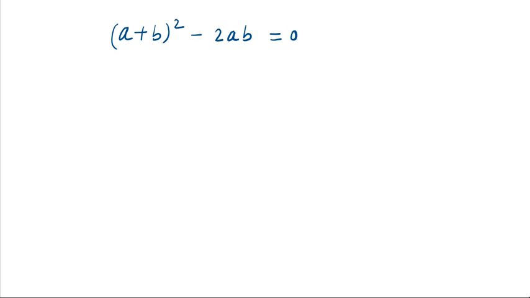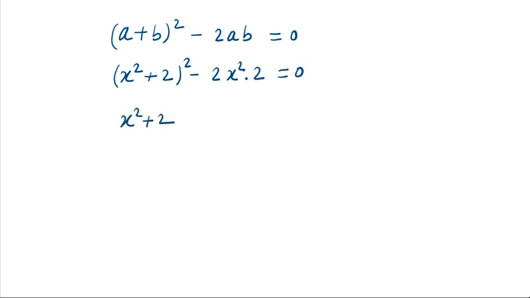And we know that the value of a is x square and the value of b is 2. Replace a by x square plus, and replace b by 2 whole square minus 2 times x square times 2 is equal to 0.